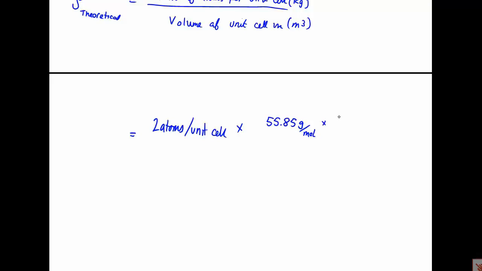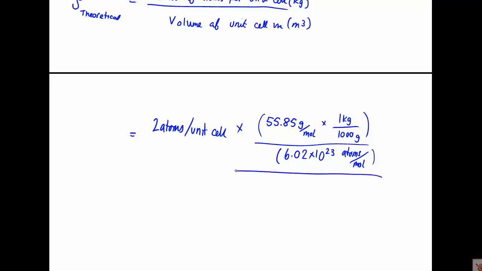So we'll multiply that by 1 kg over 1,000 grams to get the answer in kg, and then we have to divide that number, because this is for an Avogadro constant number of atoms, 6.02 times 10 to the 23 atoms per mole. This quantity on the top will give us the total mass of the unit cell in kilograms.